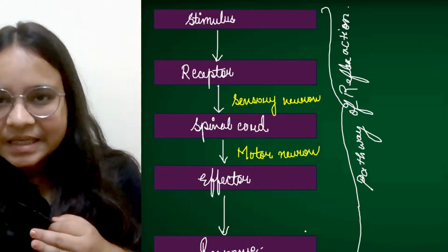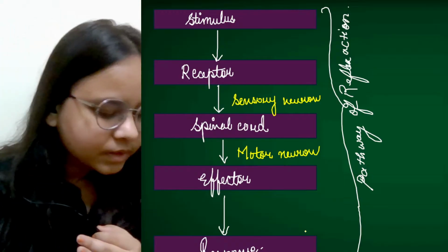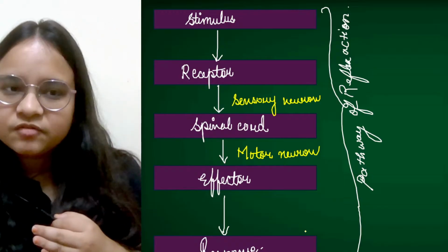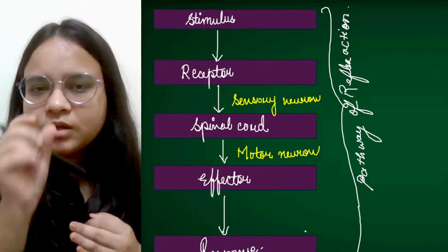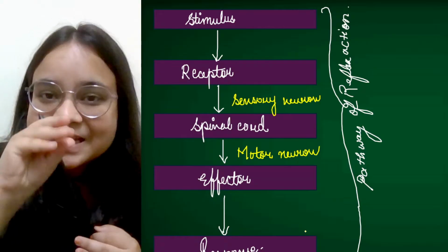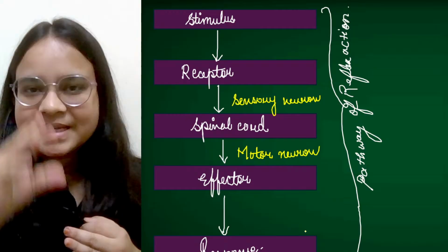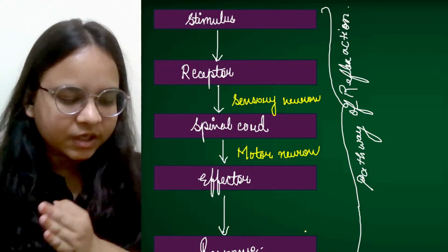It sends the signals, the messages, from the receptor to the spinal cord. Sensory neuron, from the name itself we can understand, it senses the stimulus. It senses the messages, and it conveys the messages to the spinal cord.